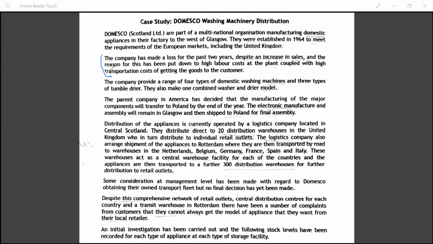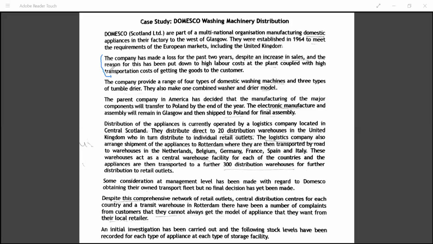Splitting the manufacturing facility between Scotland and Poland will increase transportation costs, besides risk of timely delivery and product integration.